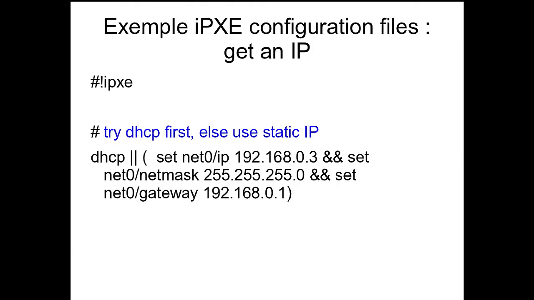Back to the slides. iPXE has a bunch of configuration files. You can essentially tell it, first off, we want an IP address. So we could use Wi-Fi, we could use WiMAX or whatever. It has drivers to understand all those stacks. So you try to get DHCP. If it doesn't work, you set all those static parameters.